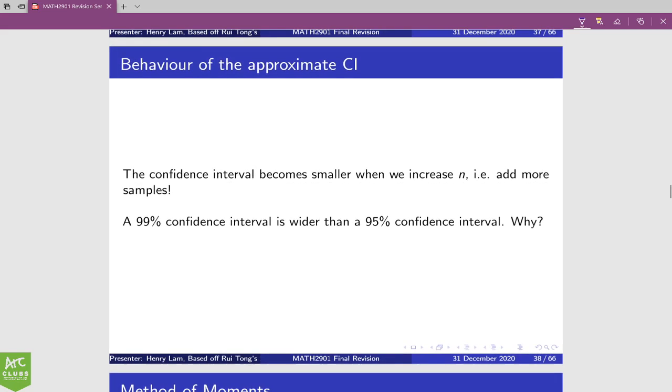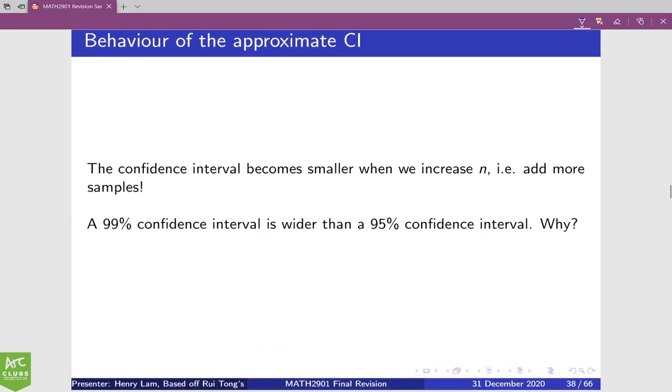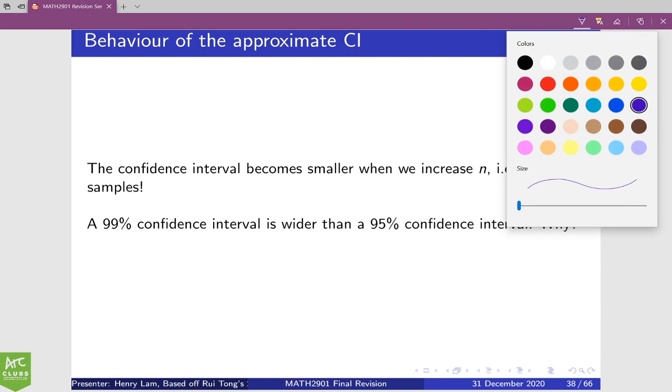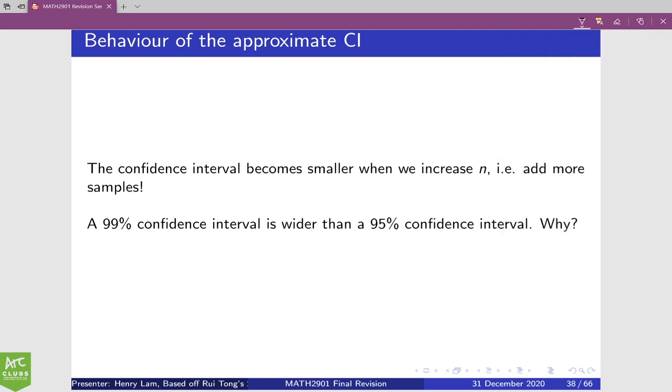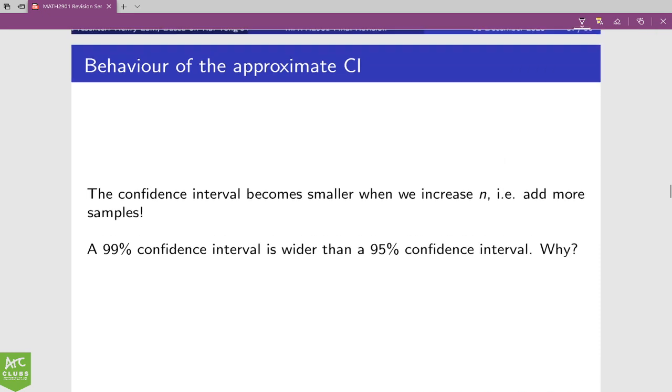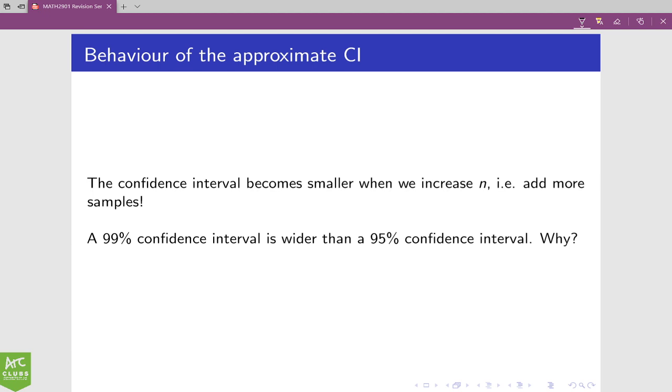Right. Now, some behavior. So the behavior of a confidence interval, well, intuitively speaking, if we increase n, so we add more samples, right? That just means we have a lot more data to work with. And so we can be more confident in our answer.